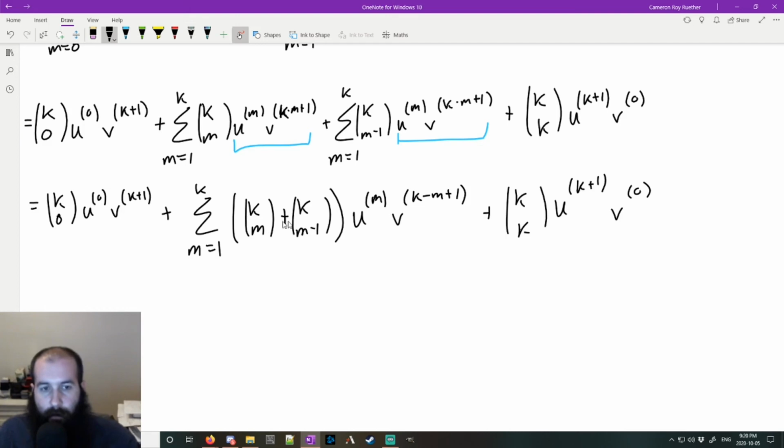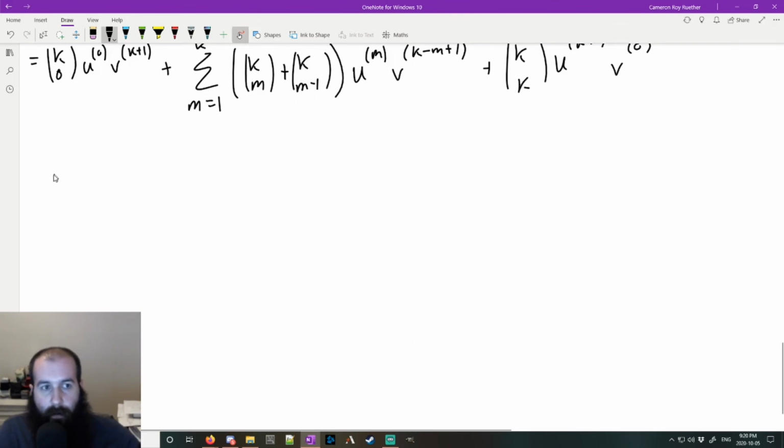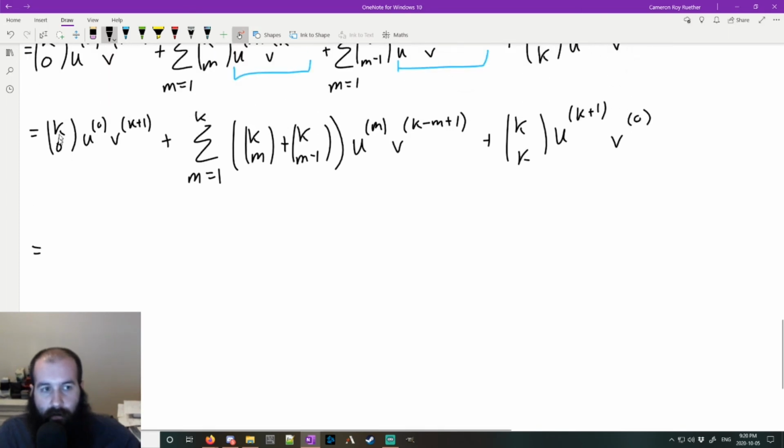Now, these are binomial coefficients. So k choose m plus k choose m minus 1 is equal to k plus 1 choose m. So we can make that replacement. And over here, we'll also make some replacements. K choose 0 is equal to 1, and k plus 1 choose 0 is also equal to 1. So we can replace these.